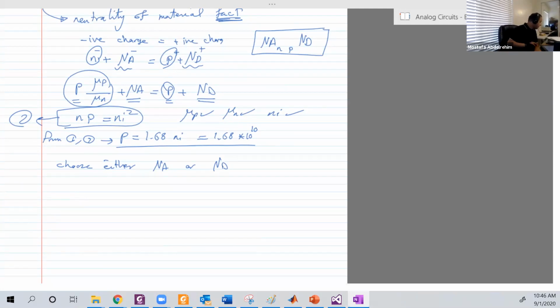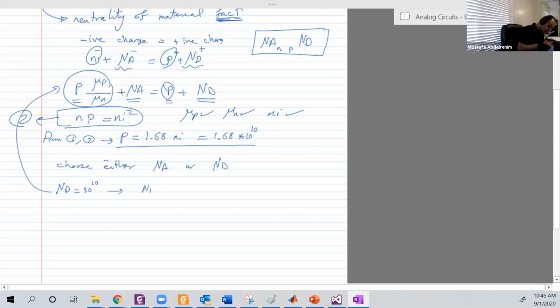So for example, if we choose ND equal to 10 to the power 10, whatever, and go back here and calculate NA, NA will be equal to 284 multiplied by 10 to the power 10.